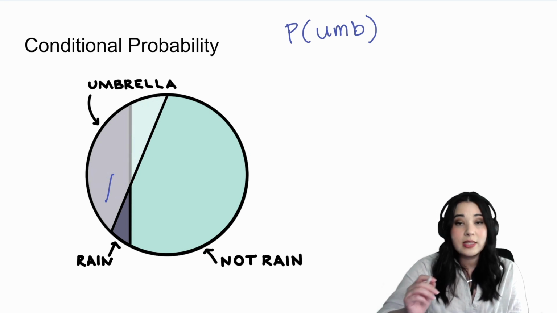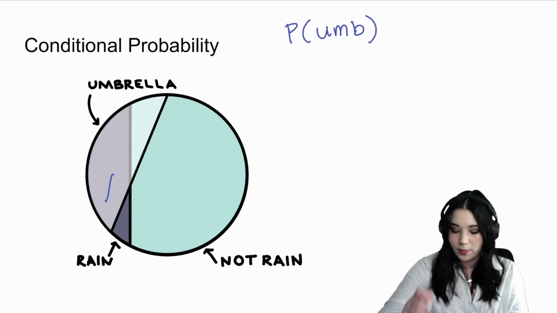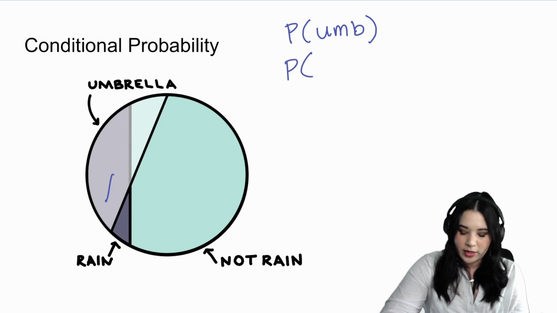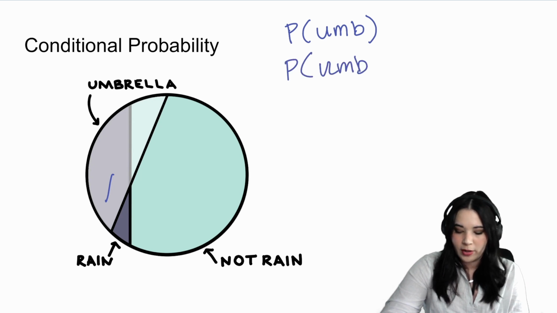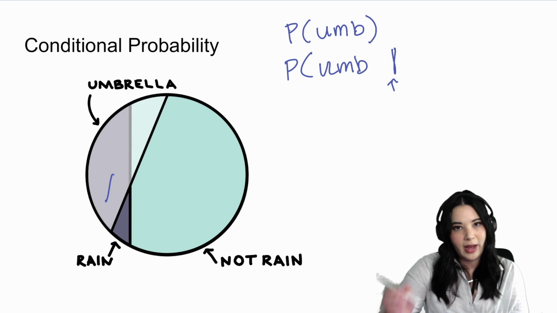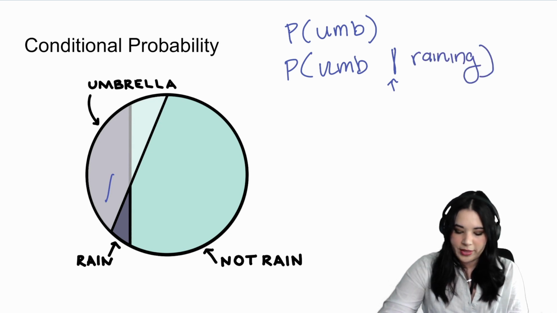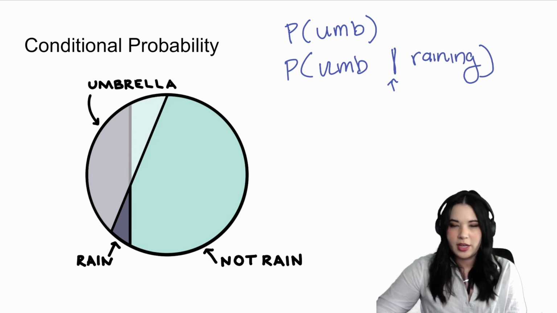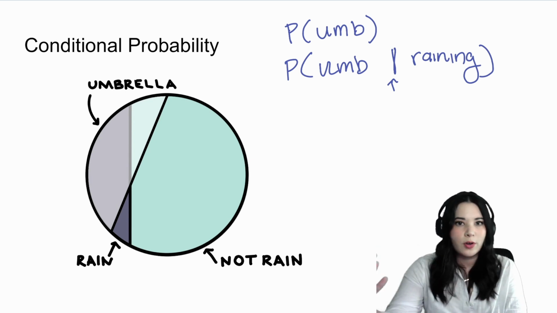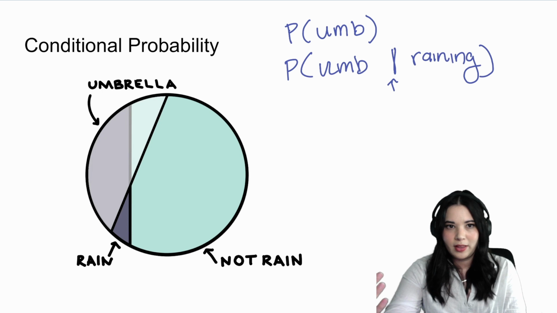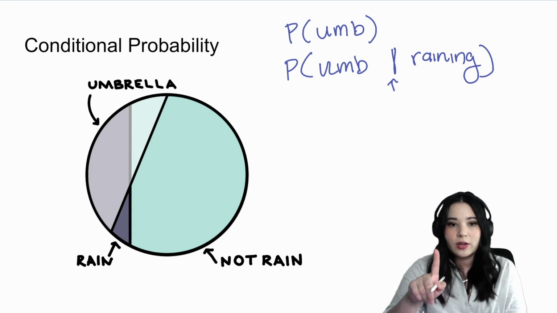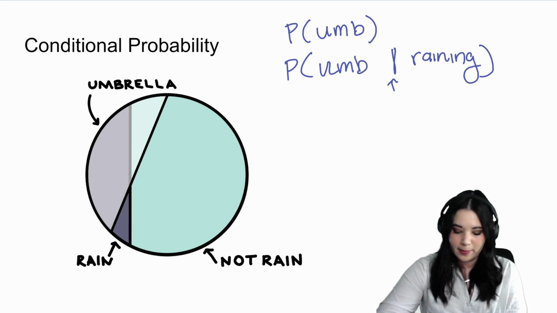Well, let's look now at a conditional probability. We can say, what is the probability that I bring an umbrella given, that's what this little pipe operator means, that it's raining? So now, when we calculate this conditional probability, we're not just looking at overall how often do I bring an umbrella, which we estimated to be about 20%. Instead, we are looking at just the times when it's raining.